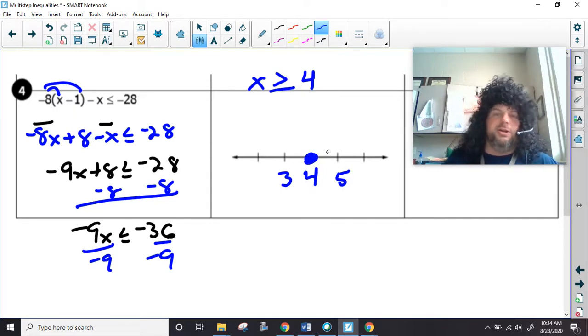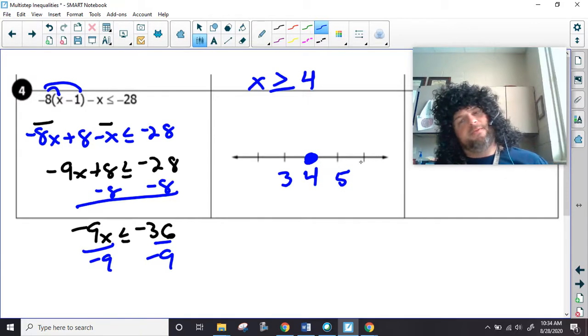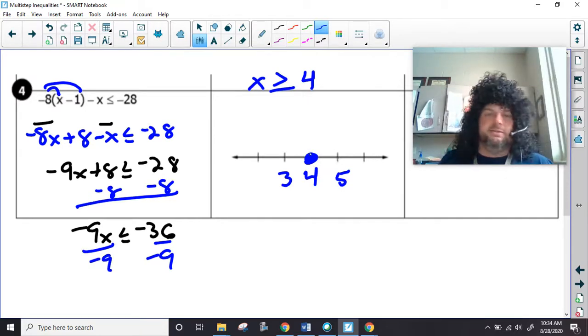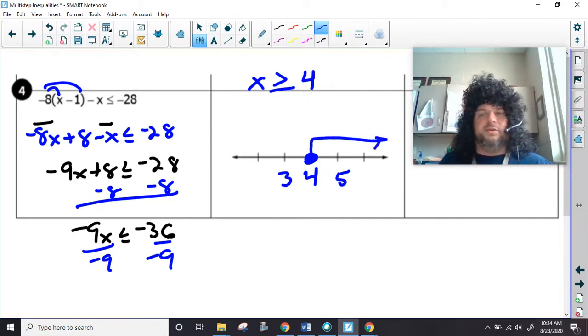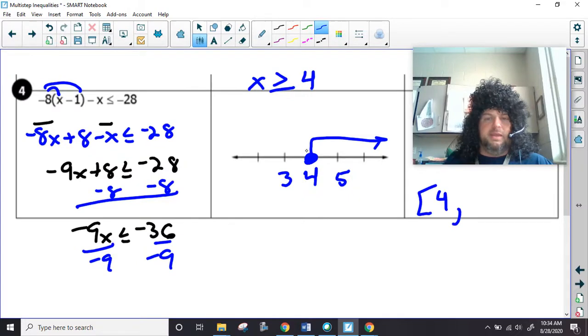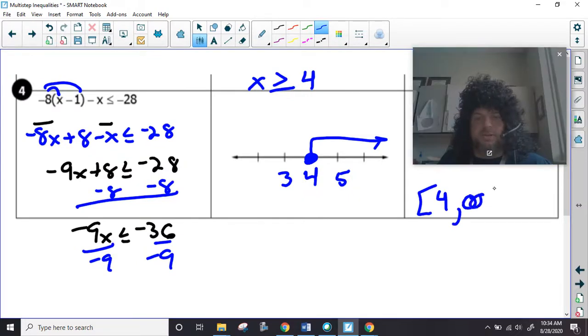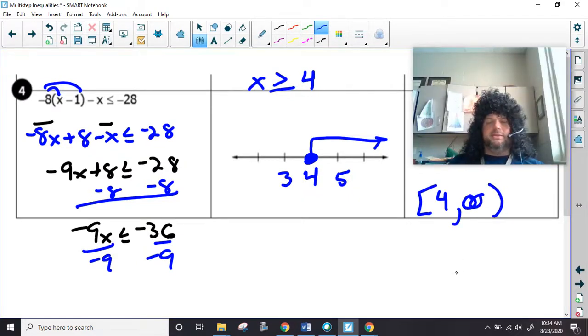X is greater, and all the numbers greater are to the right. By the way, the way I move my head is opposite the way it's recording, so it's throwing me off a little bit. So my bookend on the right-hand side is a 4, and it goes to infinity, again with parentheses. Perfect.